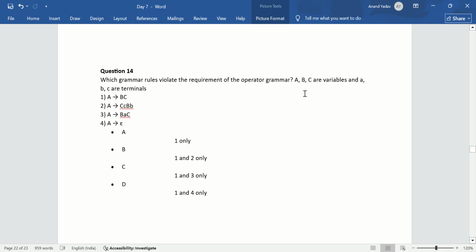Which grammar rule violates the requirement of the grammar, where A, B, C are variables and a, b, c are terminals? This is asked for operator grammar.